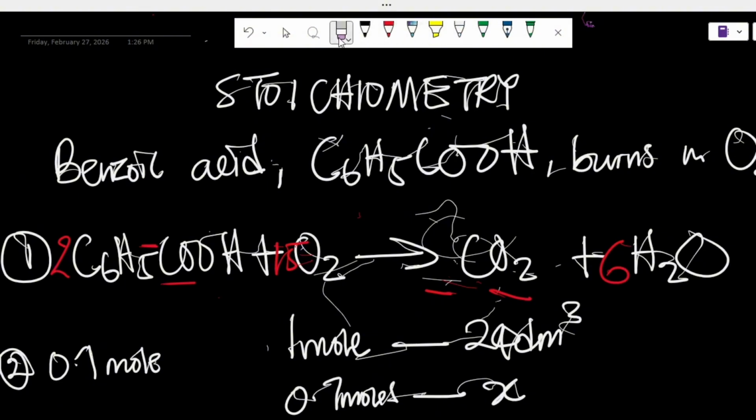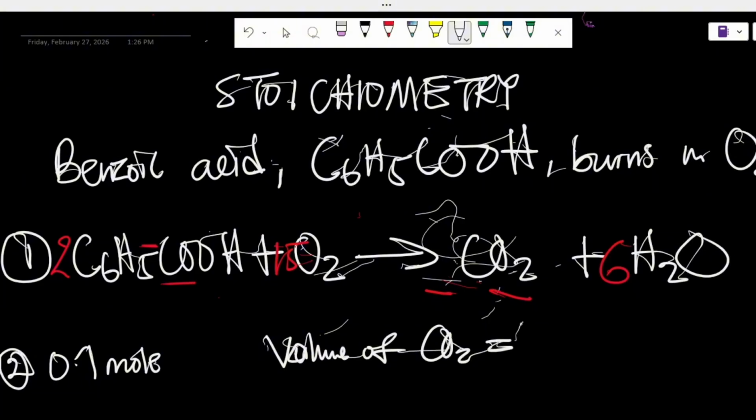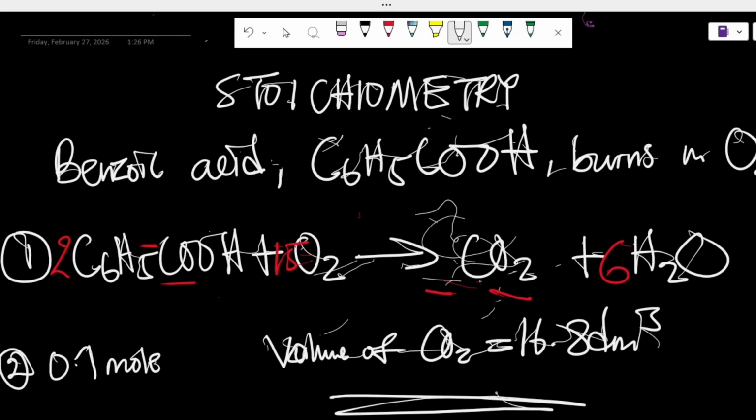How much are we going to get? Well, if you do the math here, the volume of carbon dioxide will be 16.8 decimeter cubed. And so this is the volume of carbon dioxide produced at room temperature.